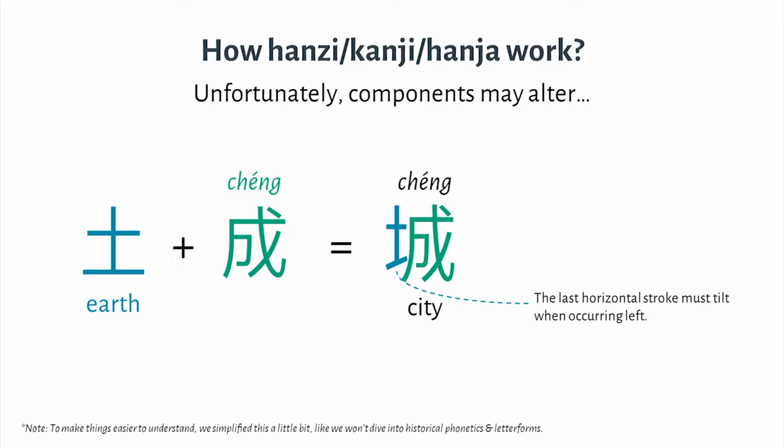Shapes of the components may alter by their positions, like when putting a component on the left side, you must tilt the last horizontal stroke. This eases the writing a little bit, as it decreases the total distance of the pen, but you can't make this tilt in modern Chinese characters, which means that you cannot simply put two original forms together to make up this compound; you have to alter the left component.